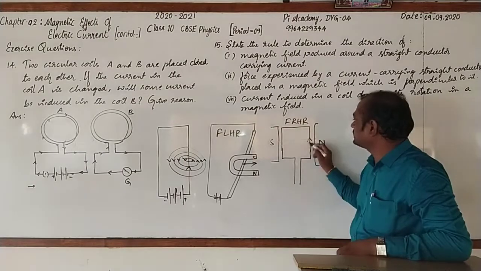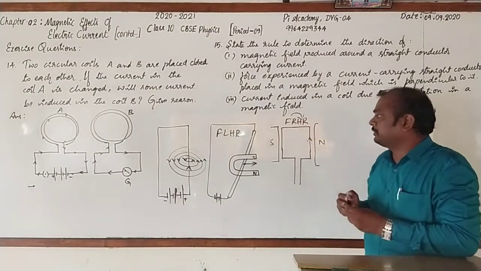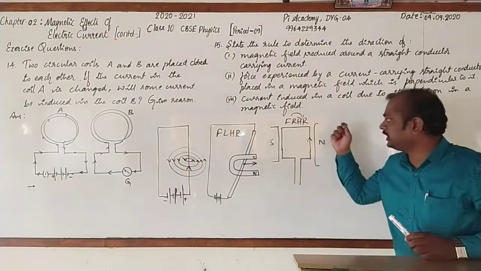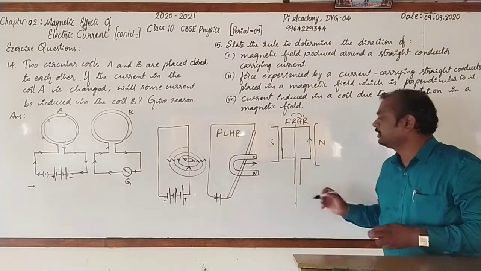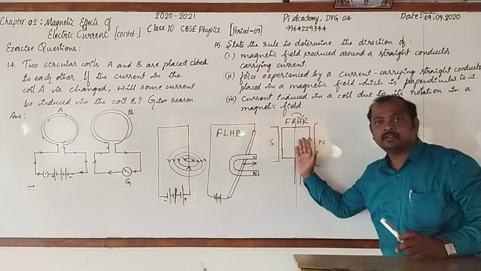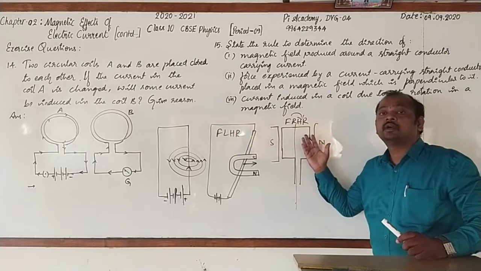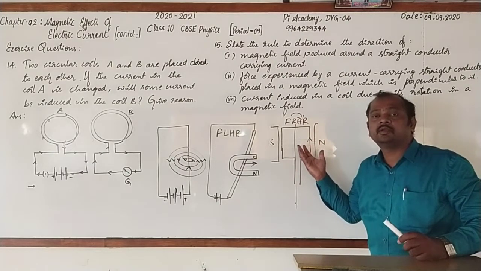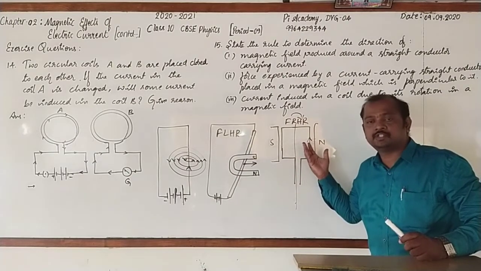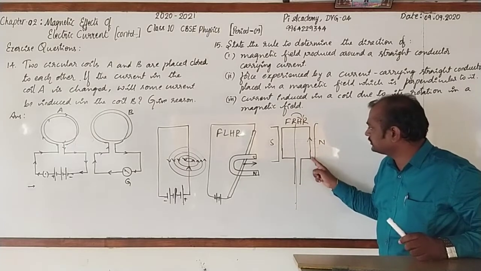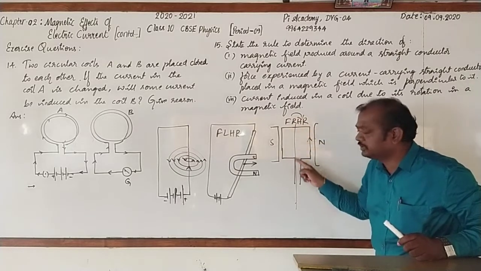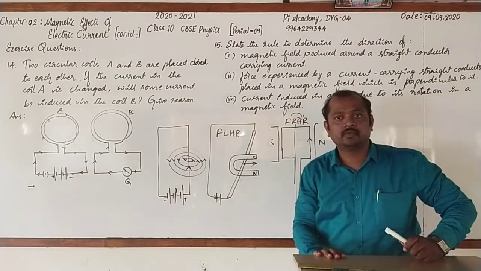Here, current is induced in this direction. If the armature is made to rotate in the clockwise direction, then it cuts the lines of force. Obviously, as the magnetic field changes, current is induced. So this is the direction of induced current.